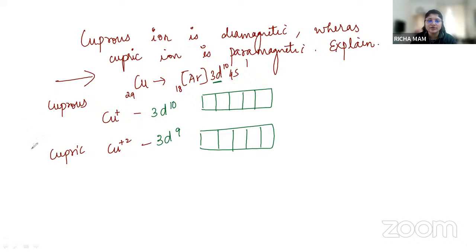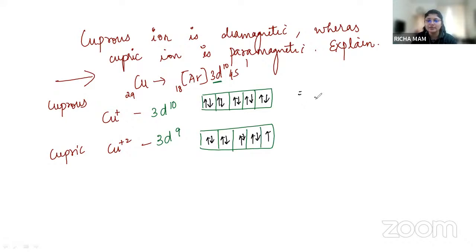So it is 3d10. Now here 1, 2, 3, 4, 5, 6, 7, 8, 9. So how many unpaired? 1 unpaired electron.